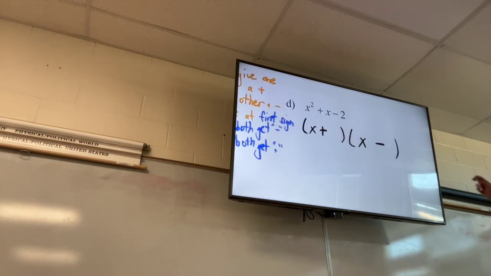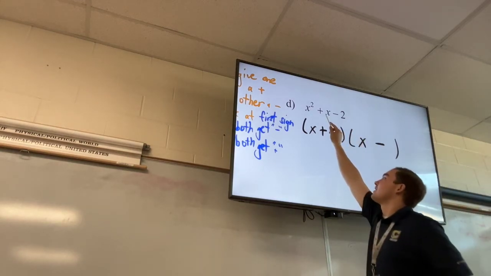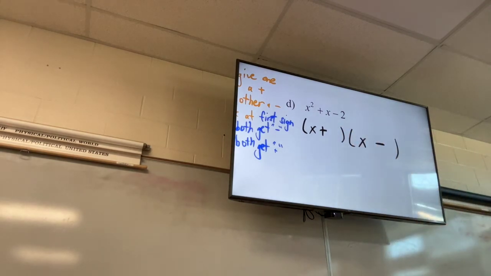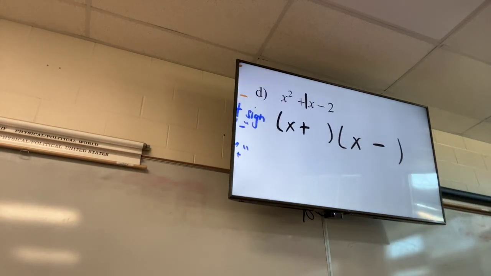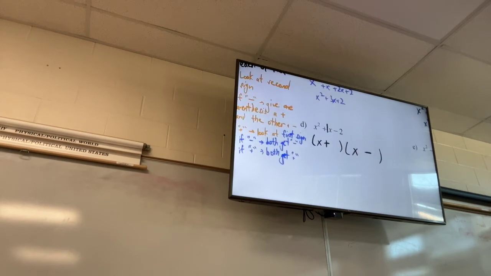When my signs are different, when it's a plus and a minus, I've got to look for two factors of 2 whose difference is 1. There's a 1 here, right? So when signs are opposite, we're going to need two factors of the constant whose difference is the coefficient of the x term.